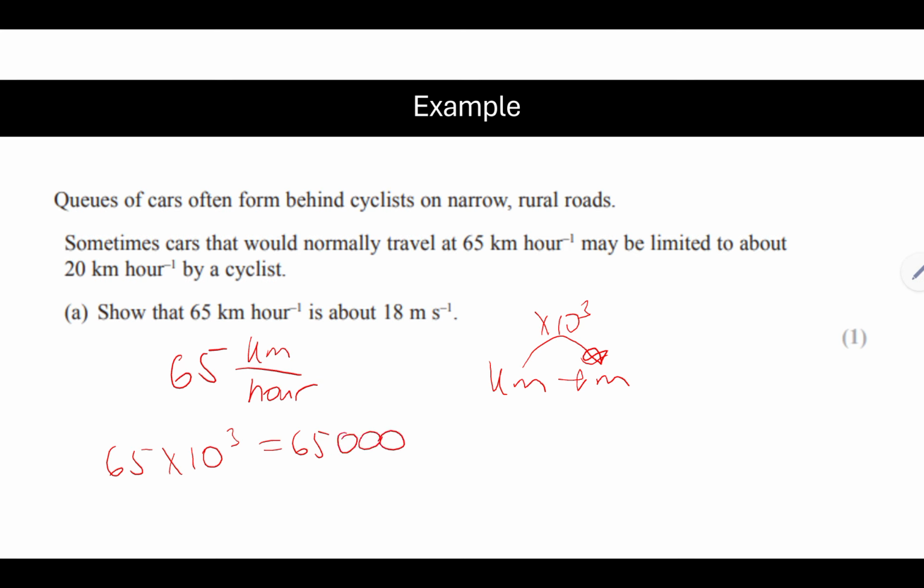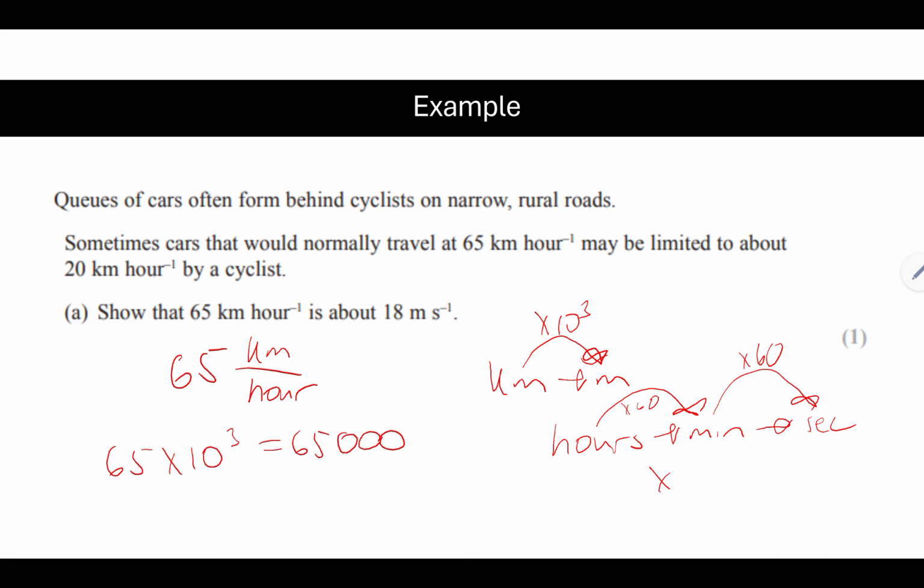But the tricky part is going from hours to seconds, due to it not being in the prefix table. First, we need to go from hours to minutes and minutes to seconds. So how do you go from hours to minutes? Hours to minutes, due to the fact that there are 60 minutes in an hour, we times it by 60. And to go from minutes to seconds, we times it by 60 as well, due to the fact that there's 60 seconds in a minute as well.